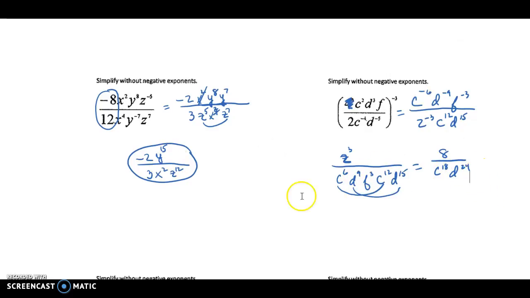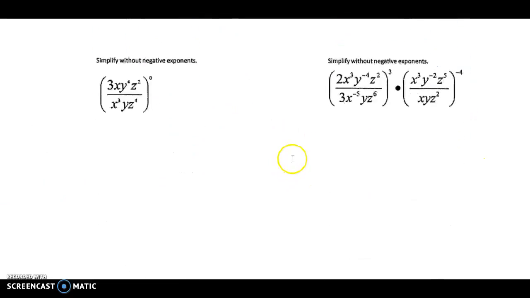Alright? Try and squeeze one more example in here. So right away, as soon as I see this exponent 0, if this is in parentheses raised to the 0, answer is 1. Alright? Now here, what I do is try to stay organized. In this first quantity, I'm going to raise everything to the third power. So 2 to the third power, by the way, is 8.